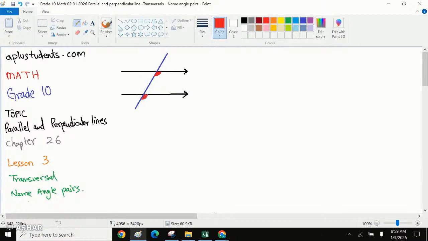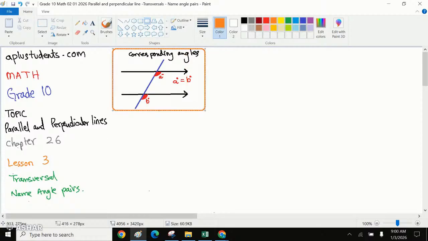If we say this is angle A degrees, and this is B, then we can say that angle A is always equal to angle B, and they are known as corresponding angles, okay? This is the first case where we know what corresponding angles are. It's just a quick review of what you already know, right?